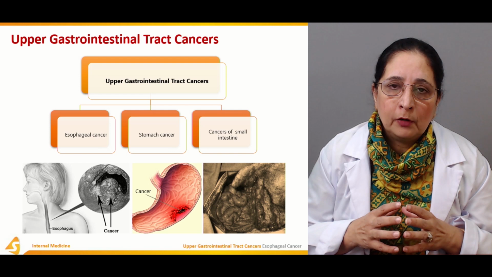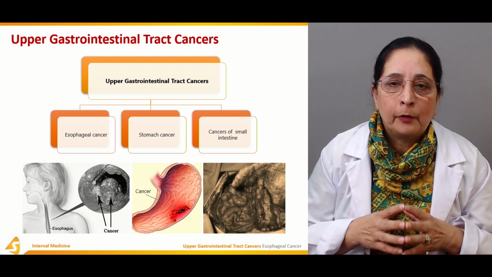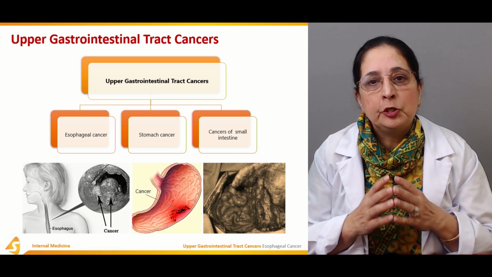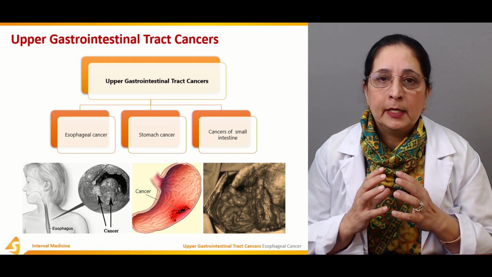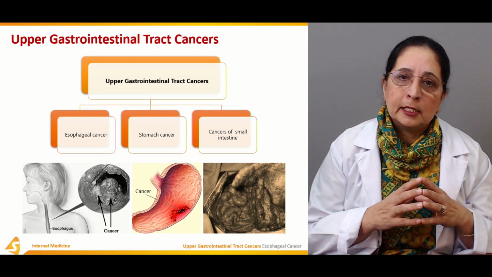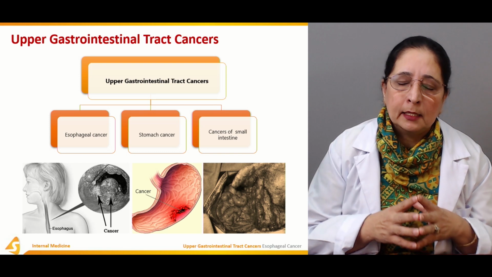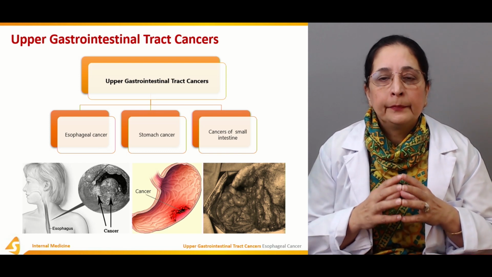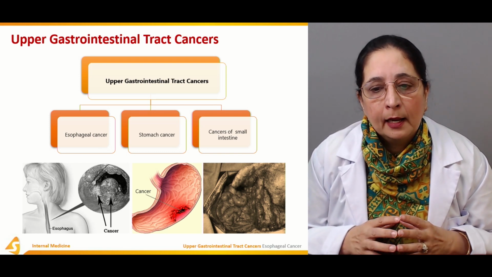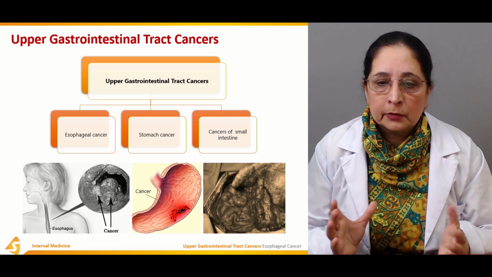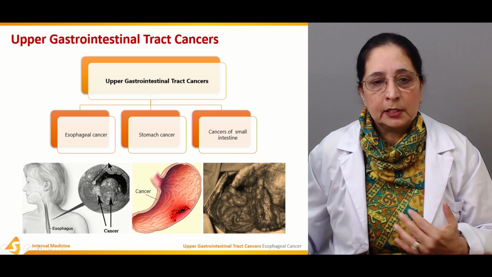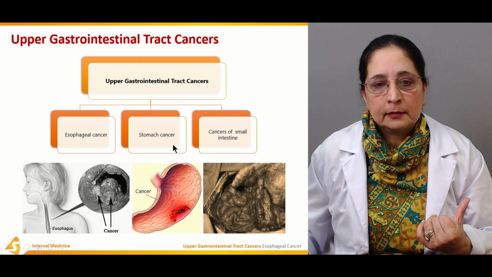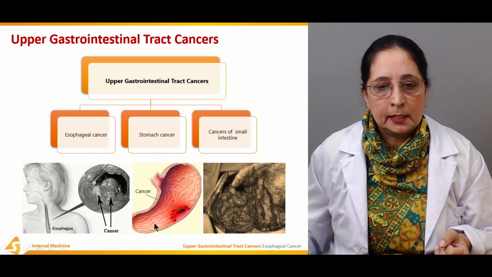So the esophagus is a long tube from which the food enters into the stomach, and from the stomach the food enters into the small intestine, which is the duodenum, jejunum, and ileum. So three structures mainly: esophagus, stomach, and the small intestine.